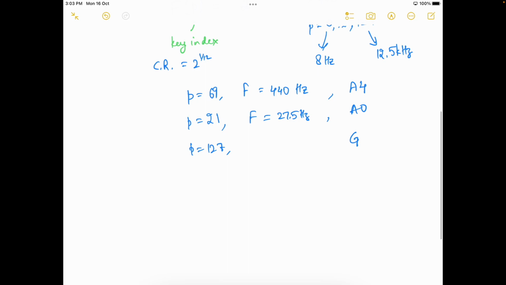Let's form an equation out of it. So 127 is equal to P plus 12 into n plus some offset, let's call it A, where P is 69 here.